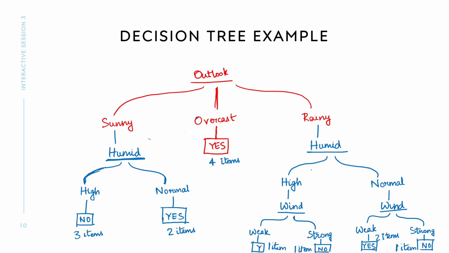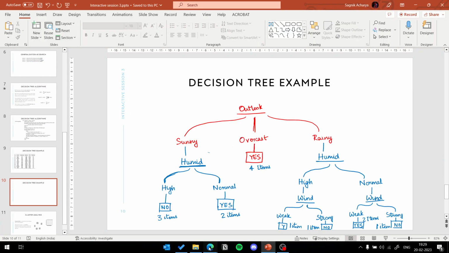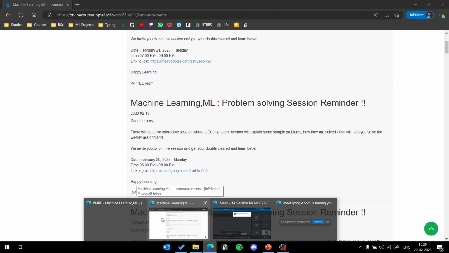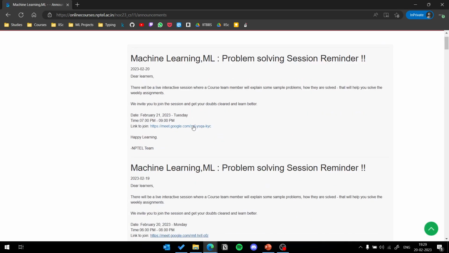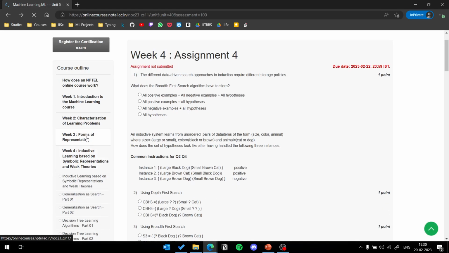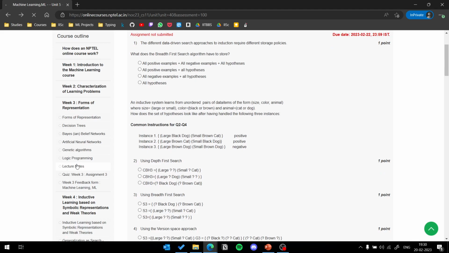One more thing. The PPTs are not available under week 3 lecture notes. Sorry, something else is coming. Under week 3 lecture notes, something else in the NPTEL portal, is it? We are not able to download the actual lecture PPTs. One second, I will have to see. Yes, here. So week three, lecture notes.